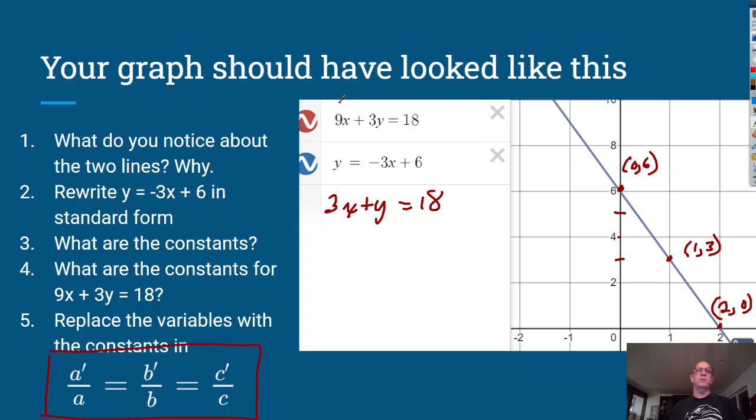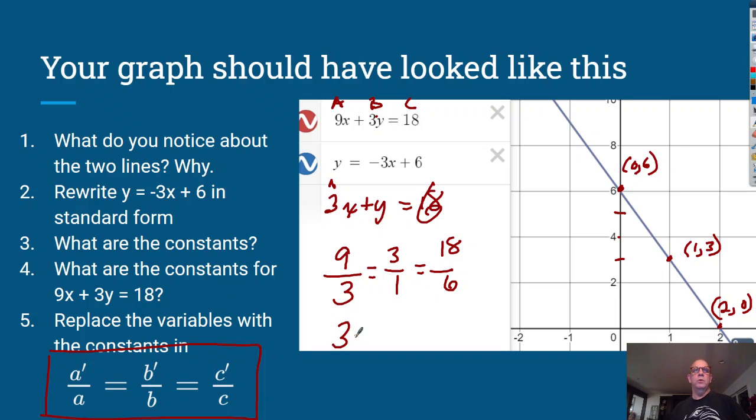So what I'm saying is if I take A, B, and C and set them in ratios, 9 over 3 and 3 over 1 and 18 over 6, these are all going to be equivalent. 9 over 3 and 3 over 1 and 18 over 6 are all equivalent fractions, or equivalent ratios. They all equal 3.